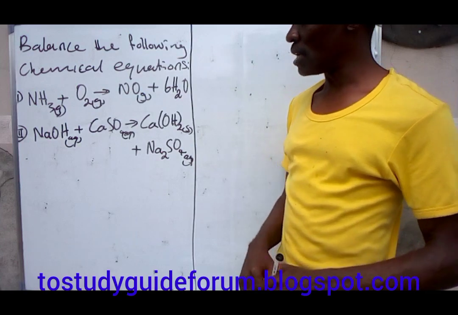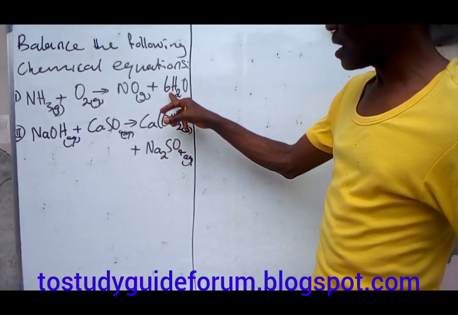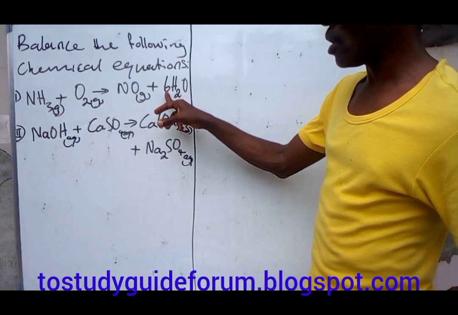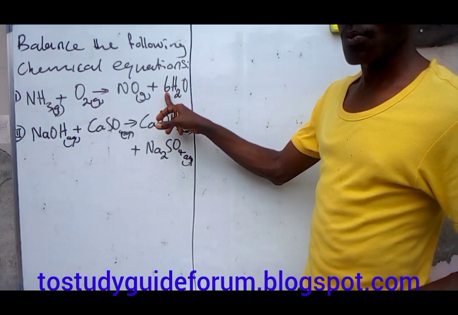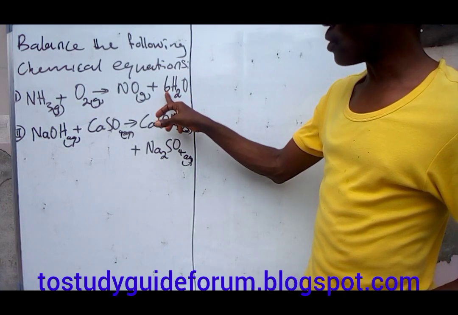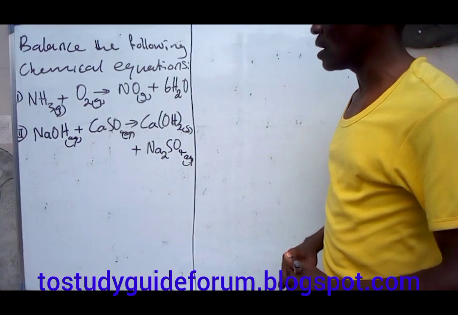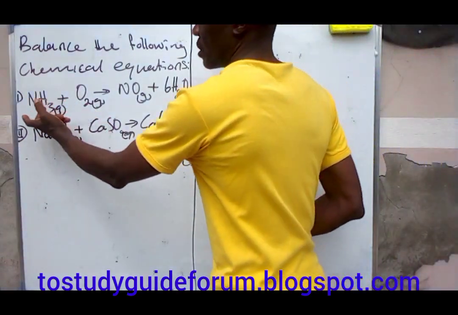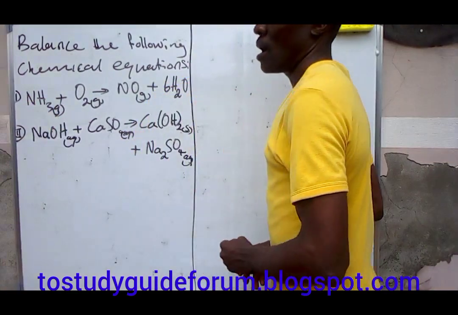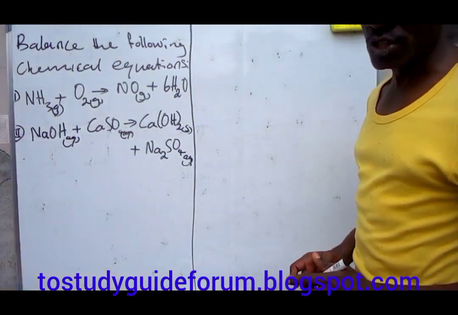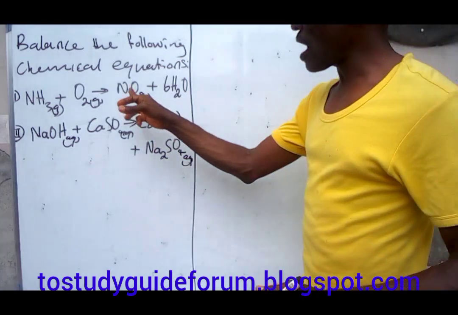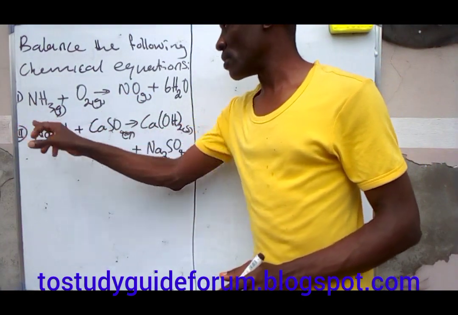Knowing that water here is 6 molecules, 6 moles of water is what we have here. So since we have 6 moles of water here and we have 3 atoms of hydrogen, here we have 1 and we have 1 there.